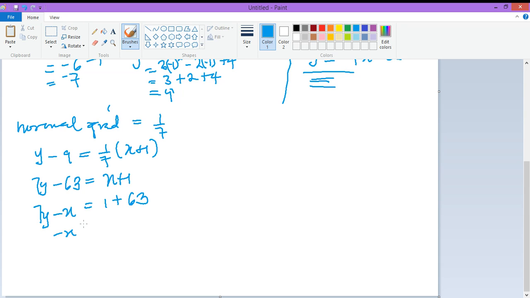So minus x plus 7y is equal to 64. The general form becomes negative x plus 7y minus 64 is equal to 0. You can leave it this way. That's the best way. So this is the equation of the normal at a point where x is equal to negative 1.